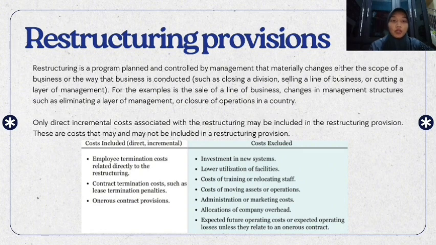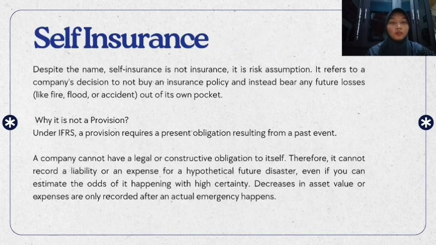The costs excluded are an investment in a new system, lower utilization of facilities, cost of training or relocating staff, cost of moving assets, operating, administration or marketing costs, allocation of company overhead, and expected future operating costs or expected operating losses unless they relate to an onerous contract.